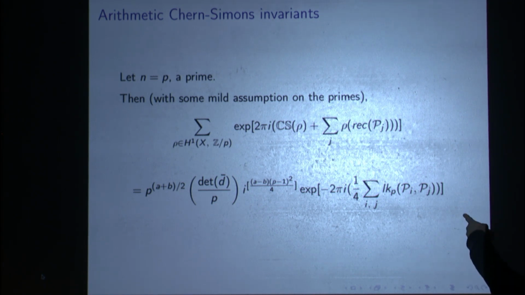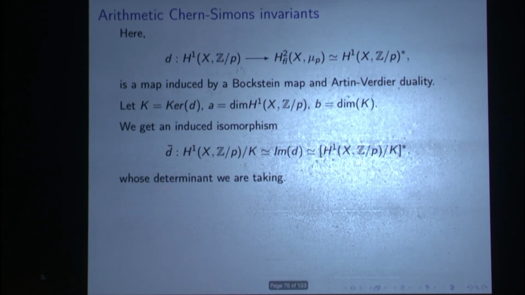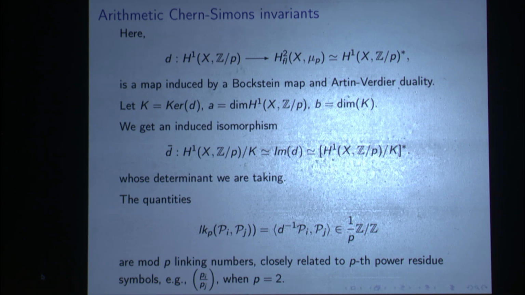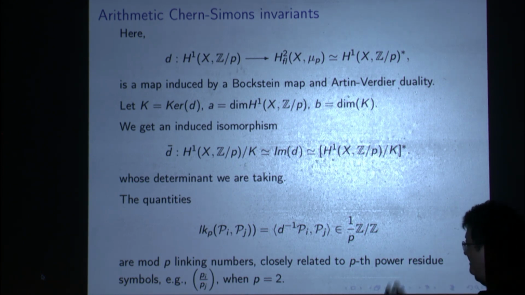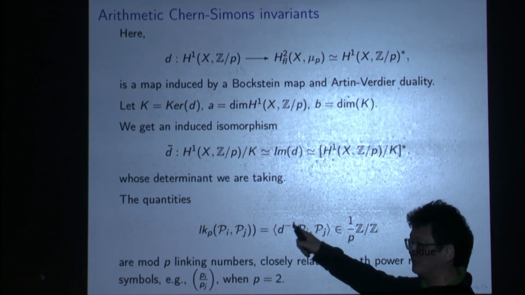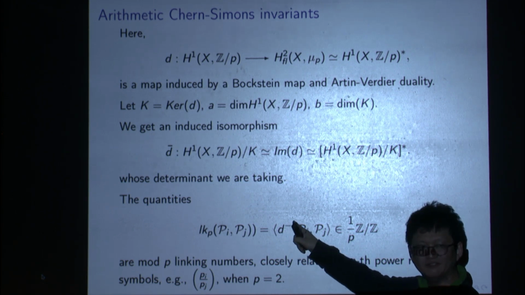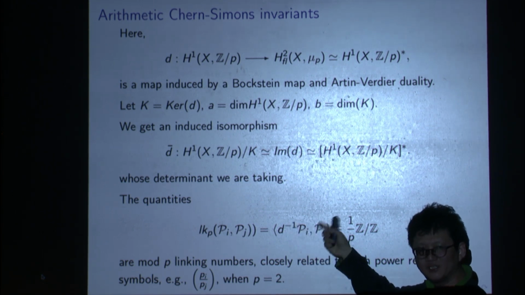Now, I didn't explain this last thing, and I'm not going to explain it because this takes, again, a bit of machinery. These are linking numbers between the primes. These are arithmetic linking numbers. They are defined essentially exactly the way you define them in three-manifold topology, except you have to interpret these symbols. It's possible to take the inverse of this thing and regard it as something like a current.